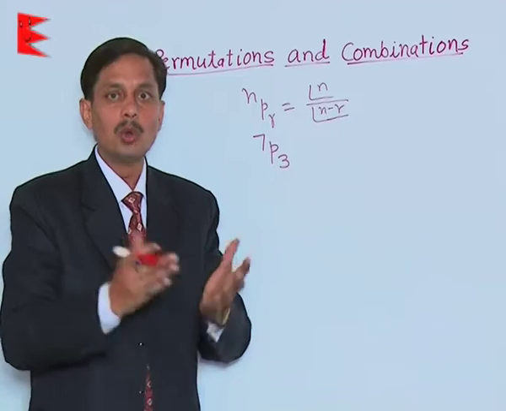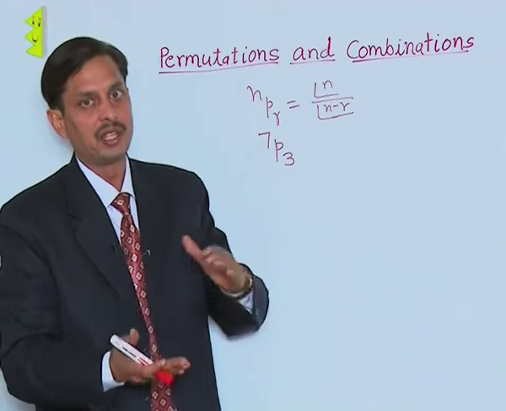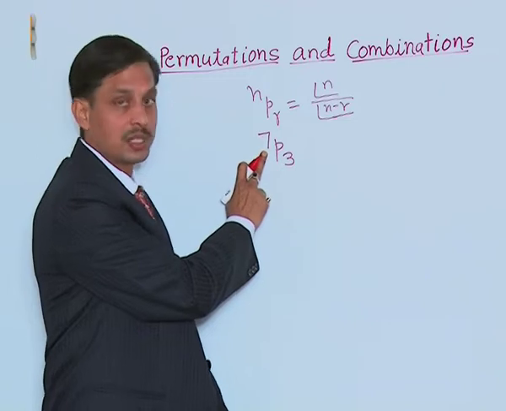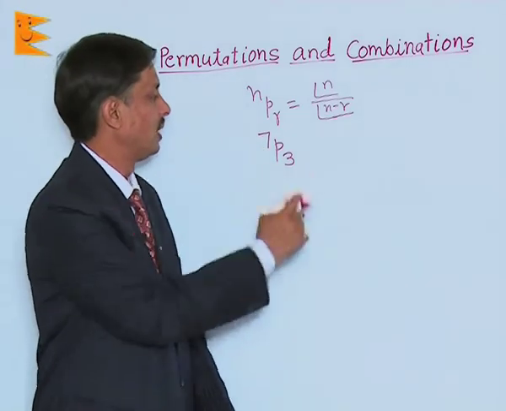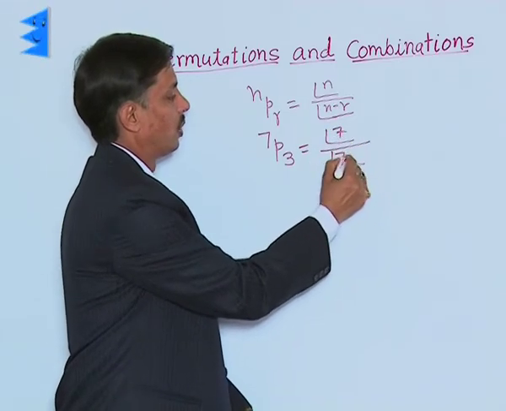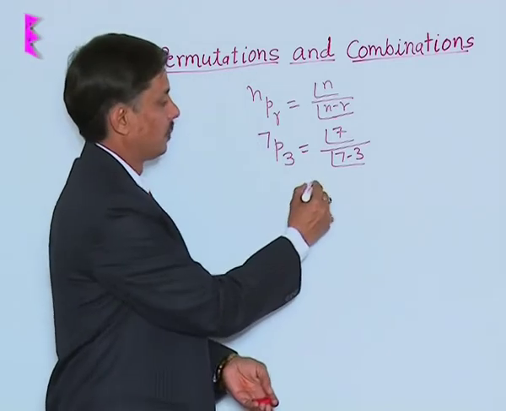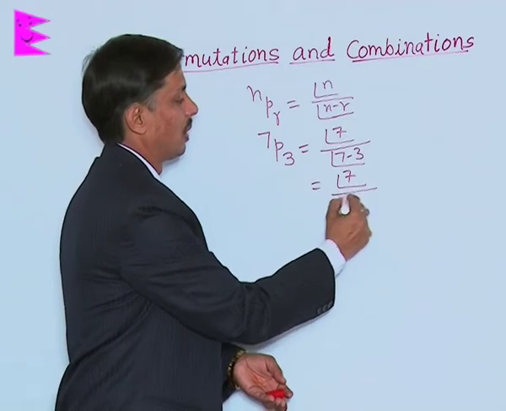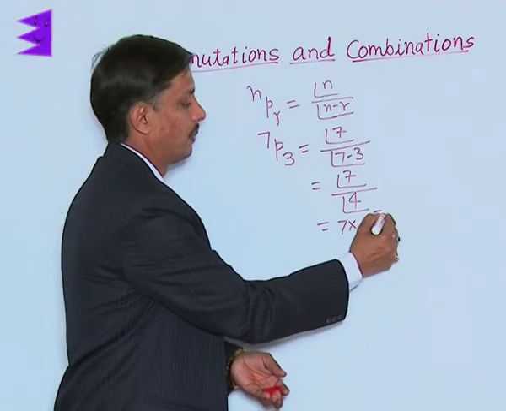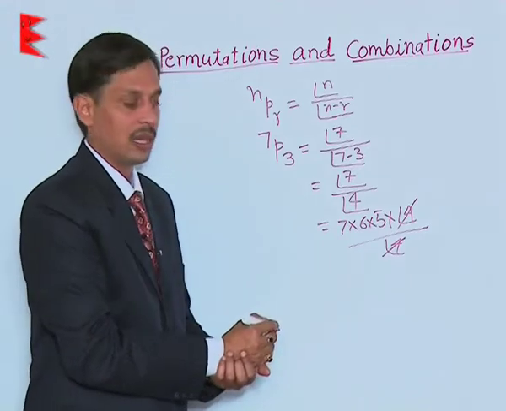But if you want to opt for these books in different ways, that is, first this book, second this book, then the number of arrangements, if 3 objects are to be taken out of 7, is given by factorial 7 upon factorial 7 minus 3, which becomes factorial 7 upon factorial 4, equal to 7 into 6 into 5 into 4 factorial upon 4 factorial. 4 factorial gets cancelled.